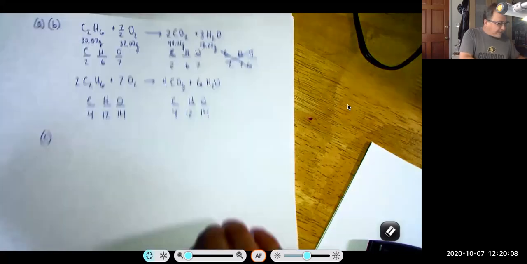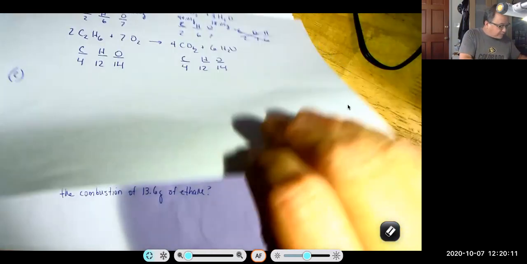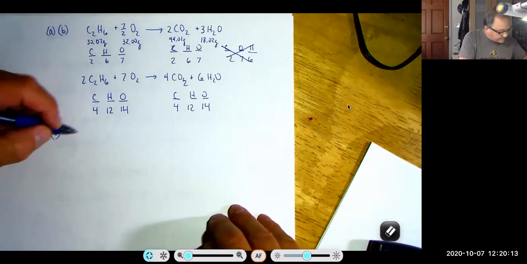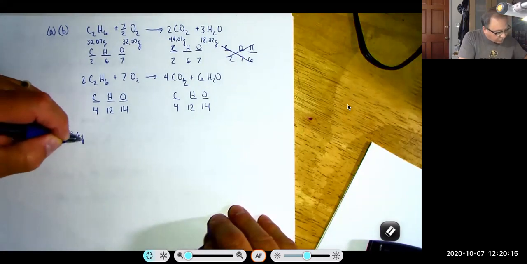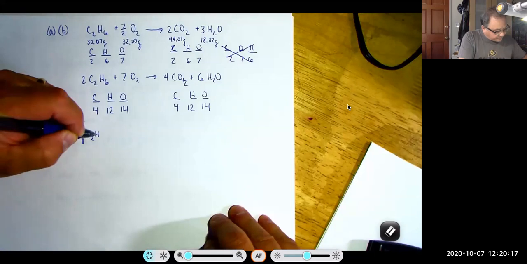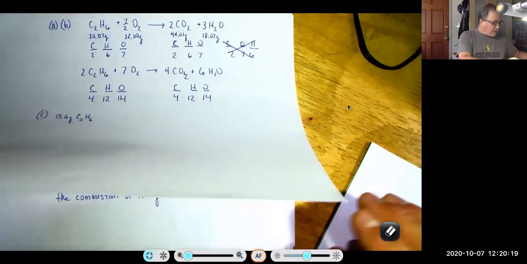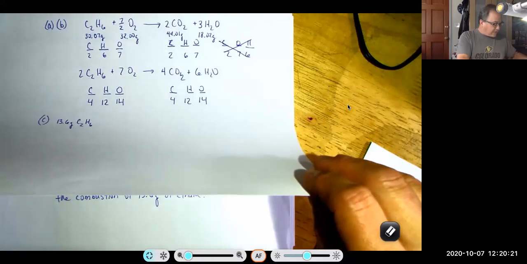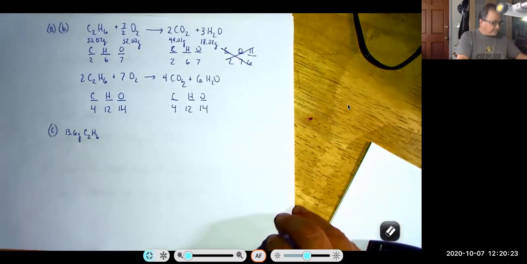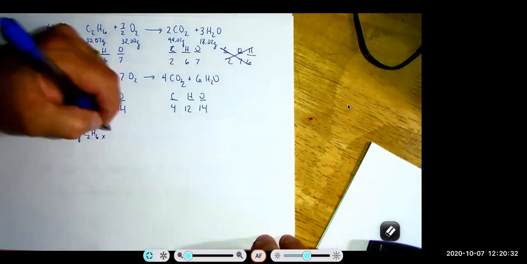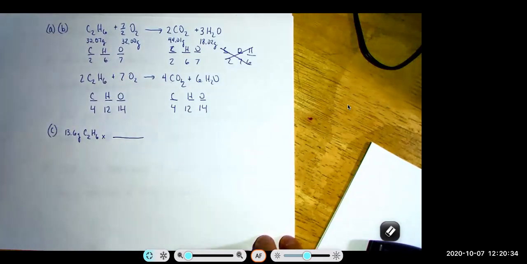Okay, that being the case, if we're going to start with 13.6 grams of ethane, and that, of course, is this formula here, they want grams of oxygen. Right, so would you times that by 1 mole of ethane on the top and then the molar mass on the bottom?